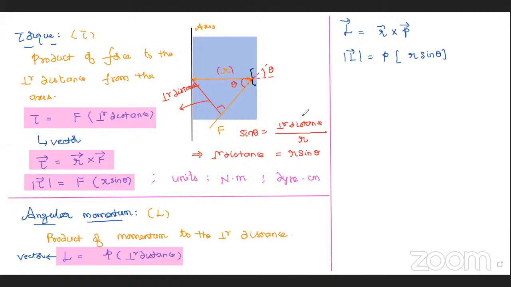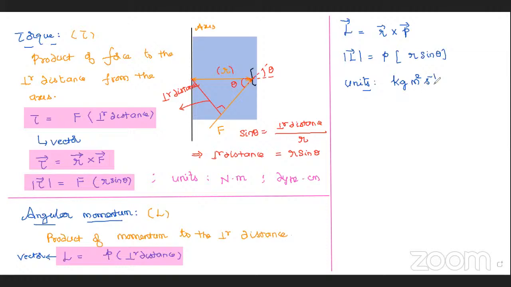And again here, if you ask what the units are, directly I write: linear momentum, kg meter per second, which is mass into velocity, into perpendicular distance in meter, means kg meter square per second.